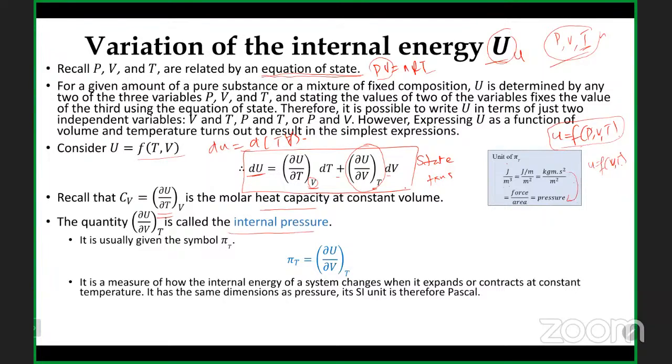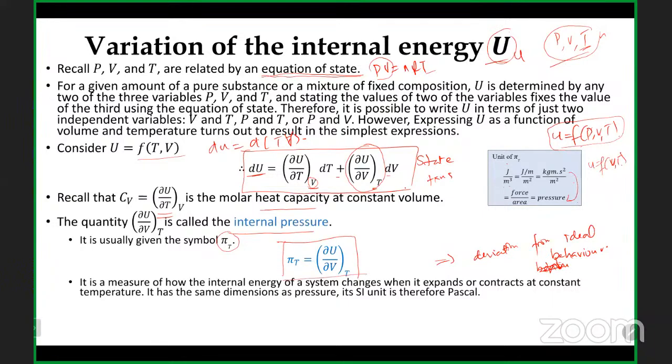The internal pressure of a system can be used to measure deviation from ideal behavior, and it's given the symbol π_T.